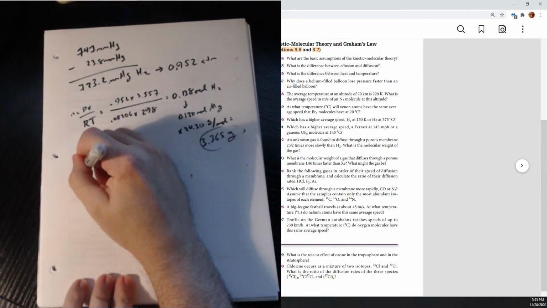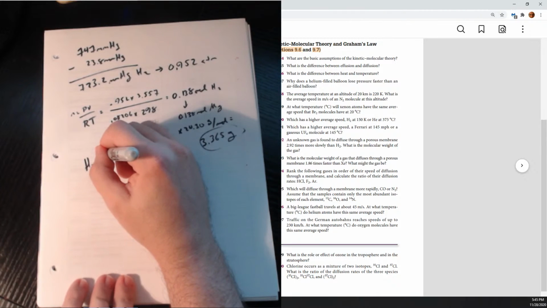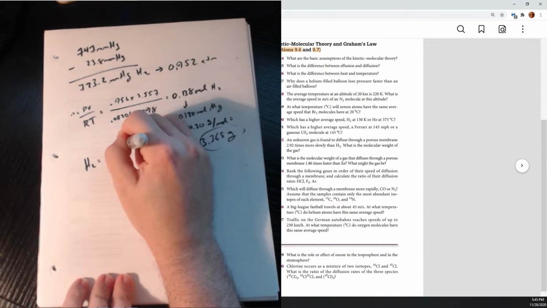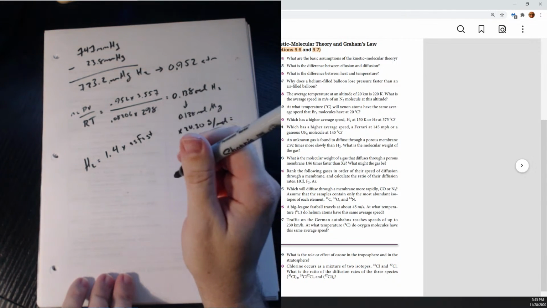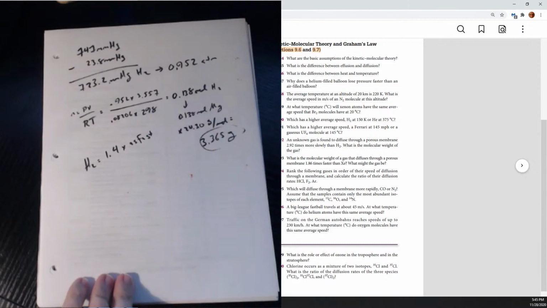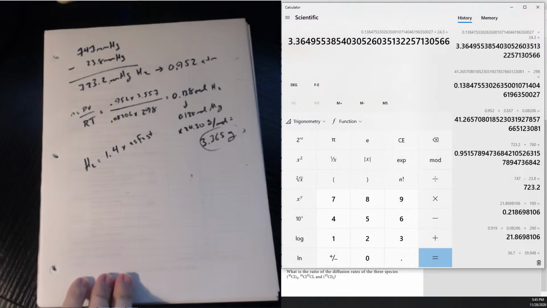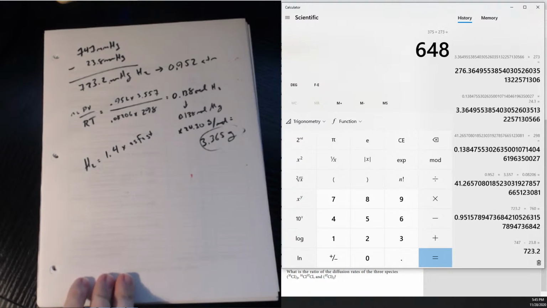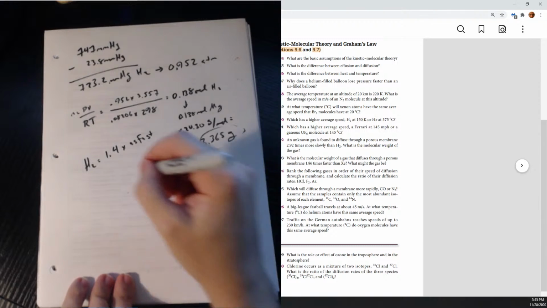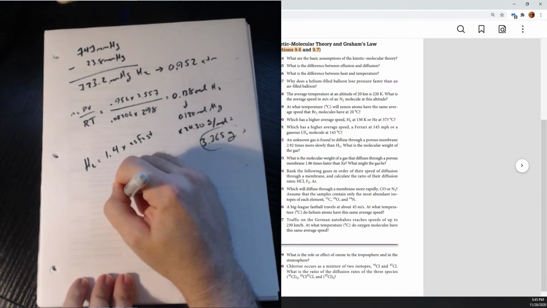So for H2, it has half the mass, so it's going to be 1.4 times as fast. But helium is going to be 375 plus 273. That's 648. 648 over 150.